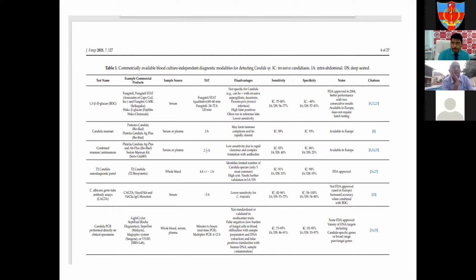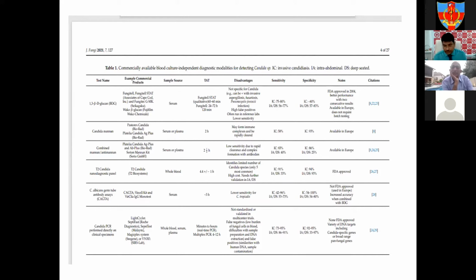Glucan is basically a polysaccharide moiety present on the cellular surface of the fungus, and different modalities have different sensitivities and specificities. Some of these tests enjoy very good sensitivities and specificities, and some have a very good negative predictive value. If they are absent, the infection is absent for sure.